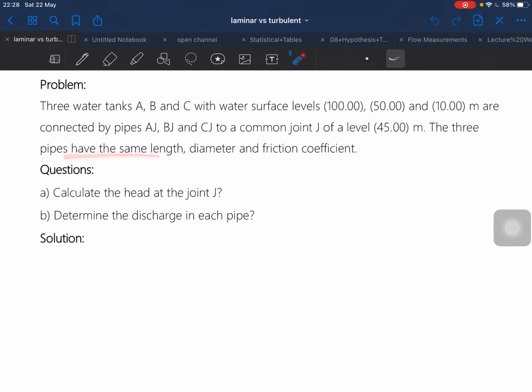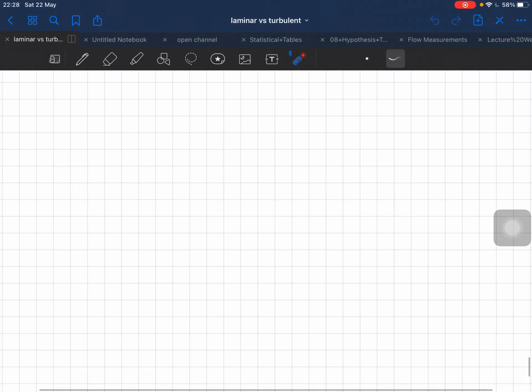The three pipes have the same length, diameter and friction coefficient. I would like to draw a diagram so that you guys can understand.